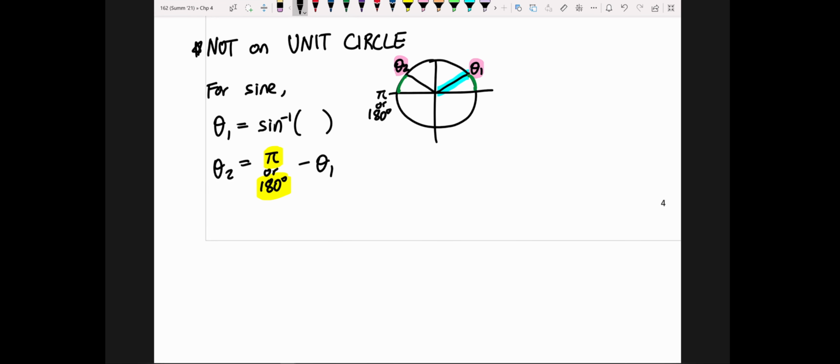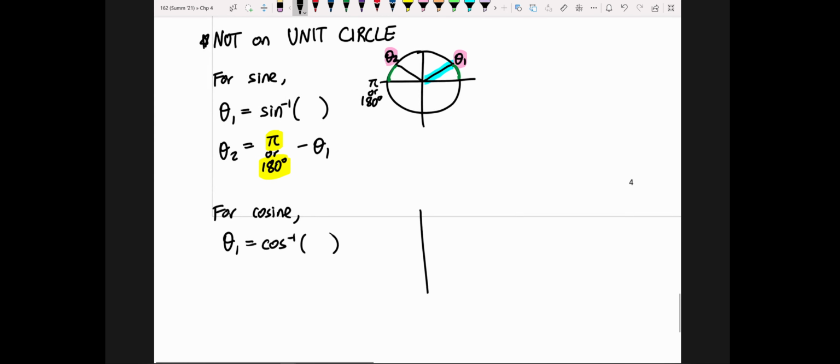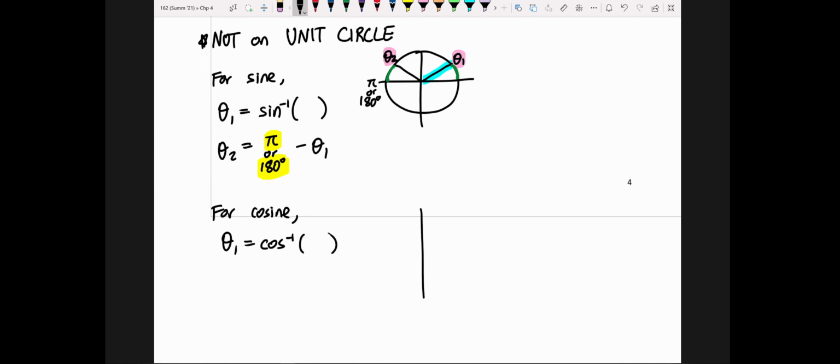Okay. When we're working with cosine, to get the first solution, you do inverse cosine. Okay, let's draw the circle. Okay, so let's say the first solution is here, theta 1. Let's go down.